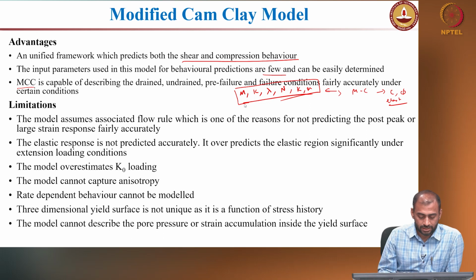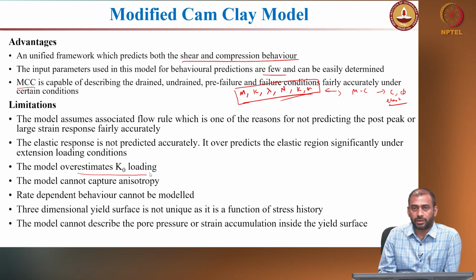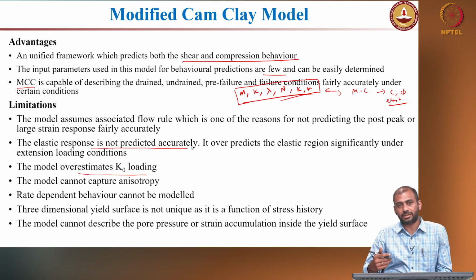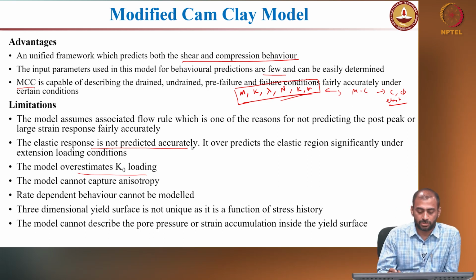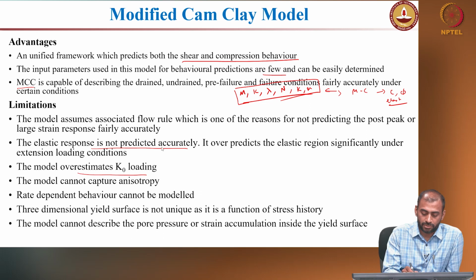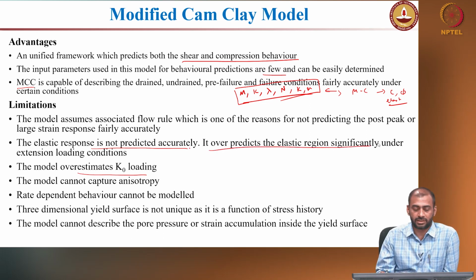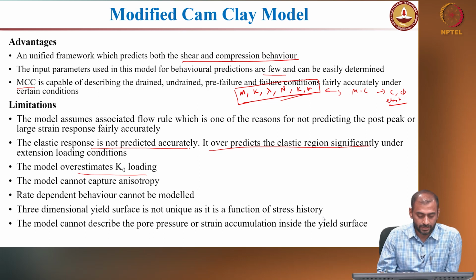Also, this has some limitations. For example, it overestimates when you are performing K0 loading, and the elastic response is not predicted accurately. We will see in the later slides that the elastic response is over predicted. It over predicts the elastic region significantly, especially under extension conditions, right.